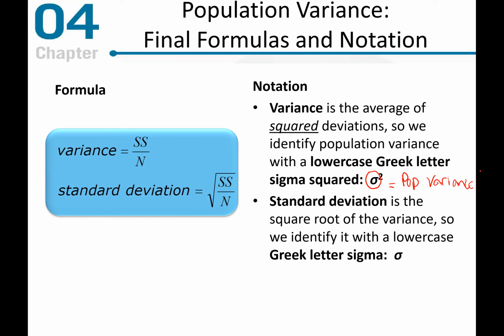Now the standard deviation is the square root of the variance, so we identify it with a lowercase sigma just by itself. Anytime you see this, that means that we're dealing with a population standard deviation. If we see the sigma squared, we're dealing with a population variance.